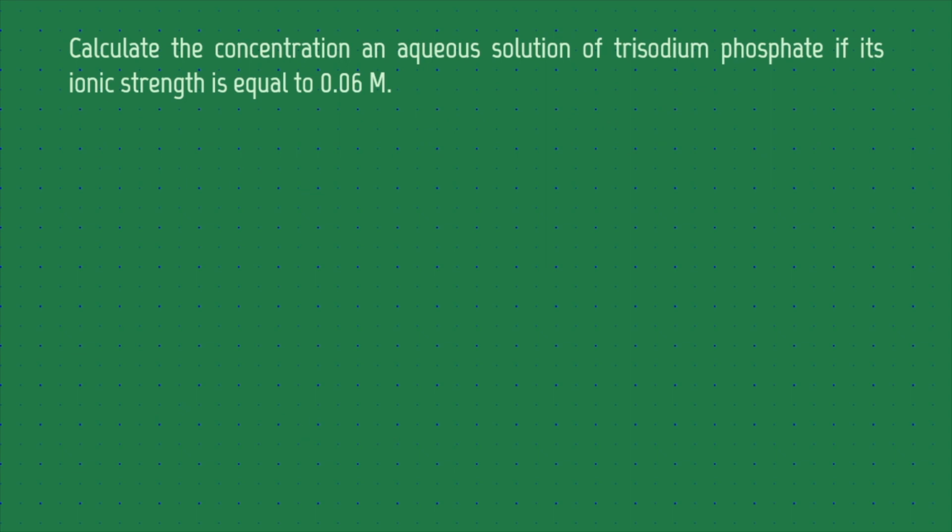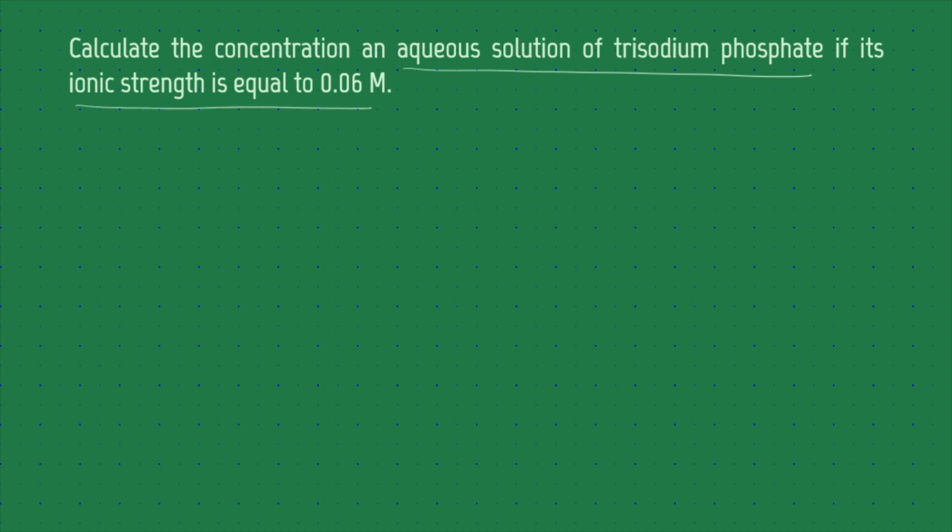Question number 4. Calculate the concentration of an aqueous solution of trisodium phosphate if its ionic strength is equivalent to 0.06 molar. Right, so the concentration of aqueous solution of trisodium phosphate is asked from you when it gives you the ionic strength.